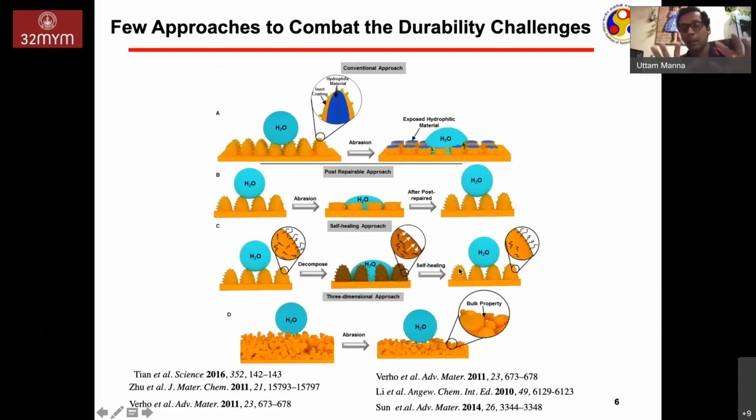But remember, you again need some kind of stimuli. Not only that, these are physically deposited low surface energy molecules. So even if you touch with a finger, it will compromise the coating, right? So another approach came, which is called three-dimensional superhydrophobicity.